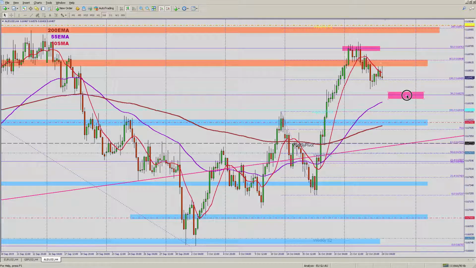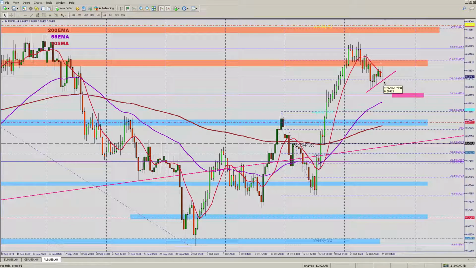We can move this intermediate support lower to the 38 fib retracement level. Could probably remove this resistance, and this is now going to be the resistance zone. There seems to be some minor trend line support down here, but we'll see whether that will be broken.